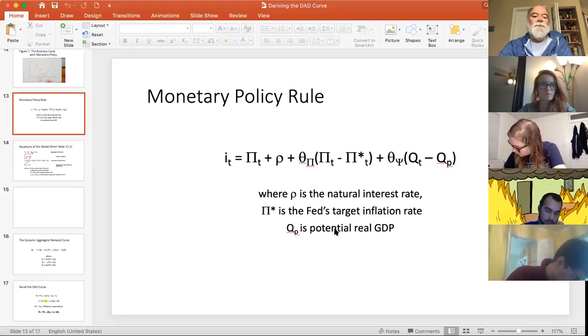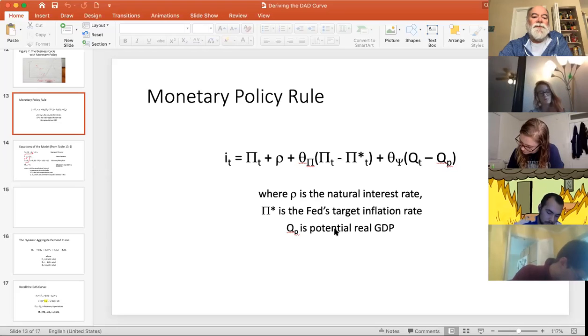So all we're left with is i equals pi plus rho, remembering that when the output gap is 0, rho is equal to the current real interest rate. What that tells us is the interest rate equals the inflation rate plus the real interest rate. So it's a very straightforward story.